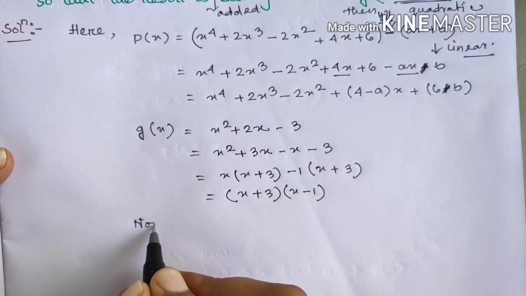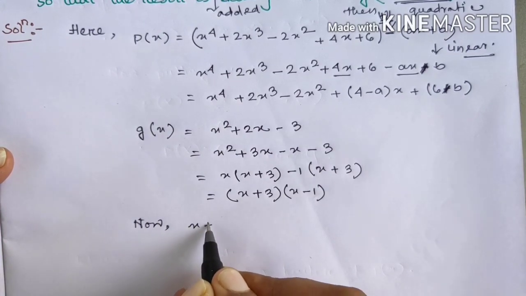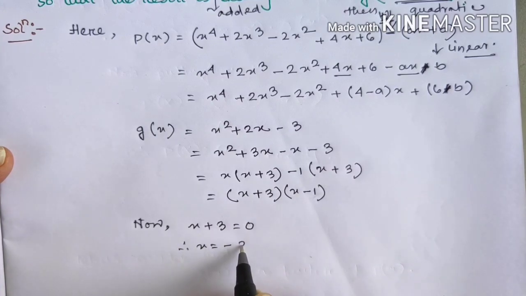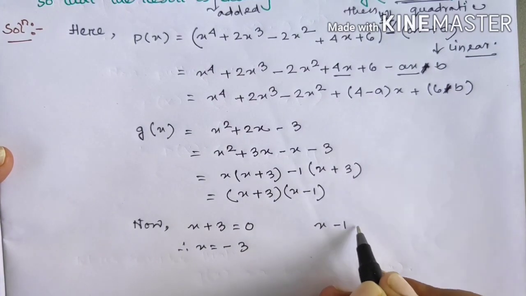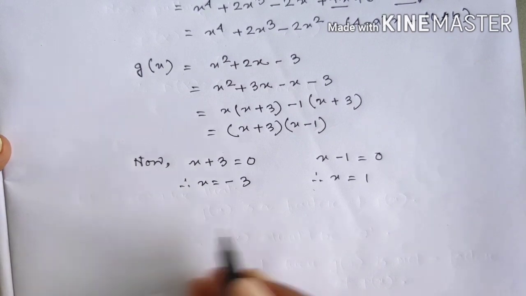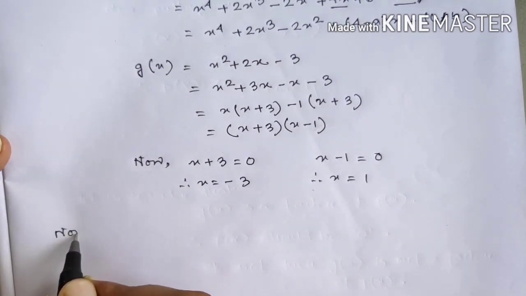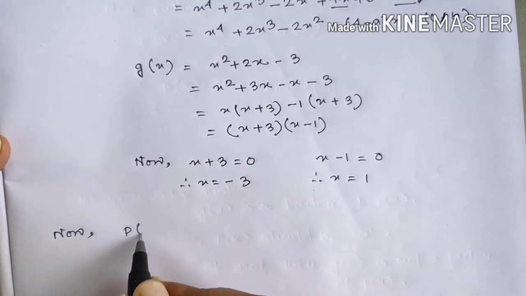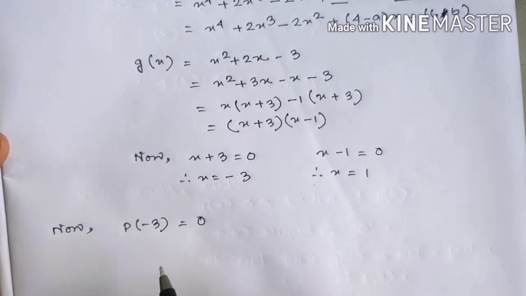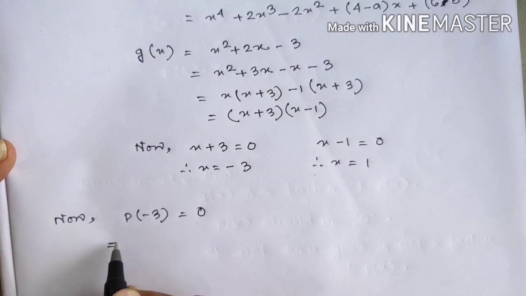And to get alpha, you have to do x plus 3 equal to 0 and x minus 1 equal to 0. And we get x equal to minus 3 and x equal to 1. Now you put the values of alpha equal to minus 3 and 1 in the above p of x and you will get the answer.